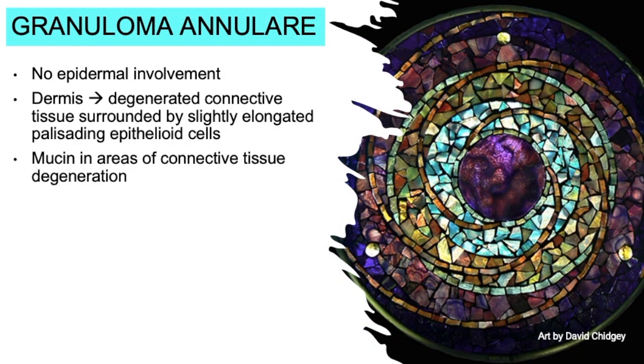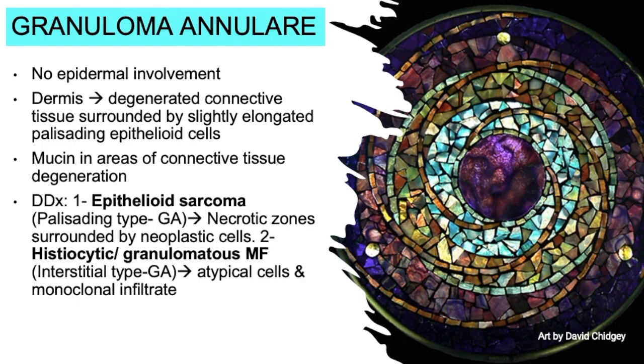These lesions, as we said, mucin is increased in the areas of connective tissue degeneration, and is important to differentiate granuloma annulare from epithelioid sarcoma because it looks like palisading type GA, but the necrotic area in the epithelioid sarcoma usually is surrounded by neoplastic cells.